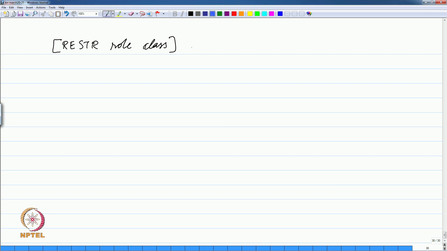This restricts a role to having fillers of a class essentially. So, the difference between what we are doing now and what we tried earlier is that now we are trying to define a new role.